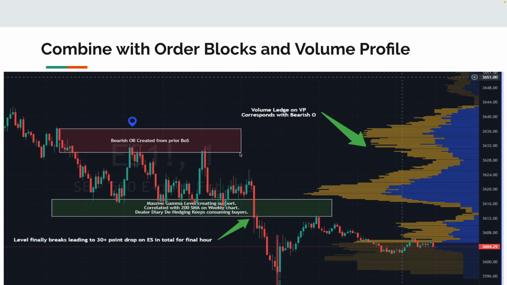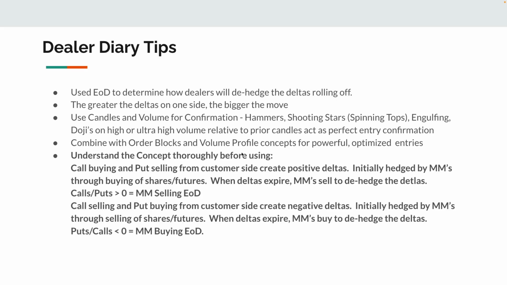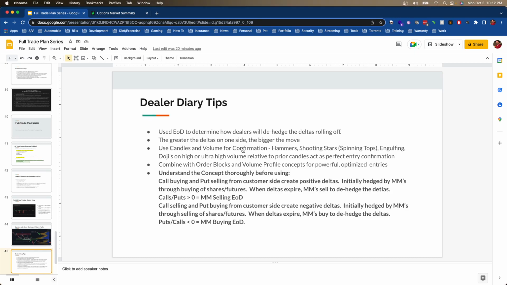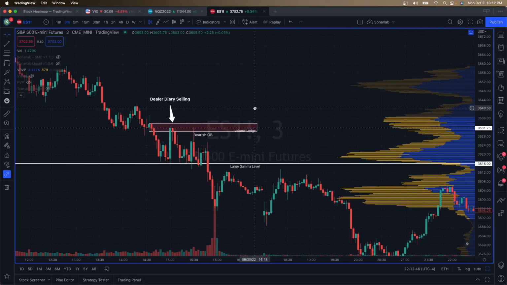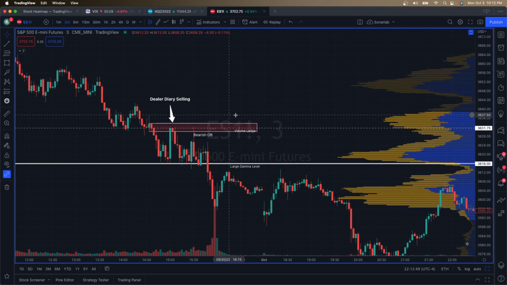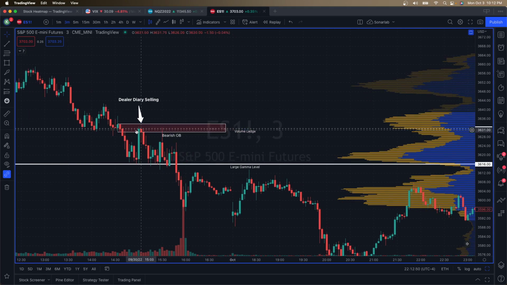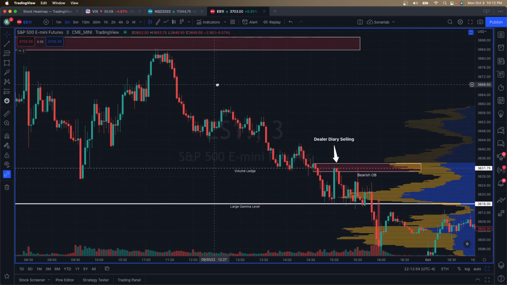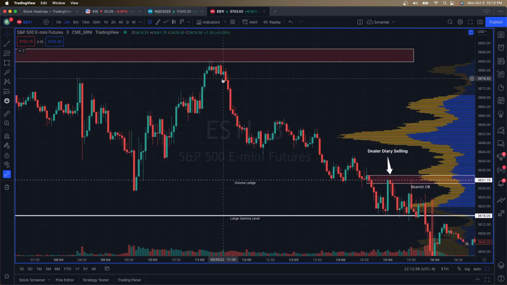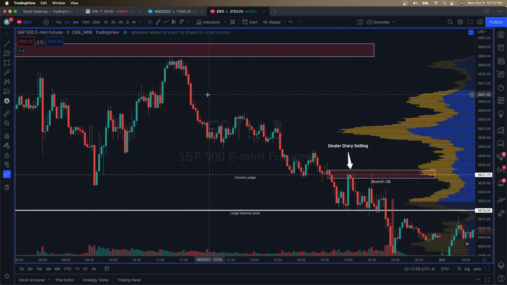And this was all forecasted by that dealer diary, which I'll show the chart now so we can talk about that some more. So again, here it is now. I have this up on the 3 minute, so it looks slightly different, but same thing. Basically we're in a downtrend after we rejected this big order block up here.